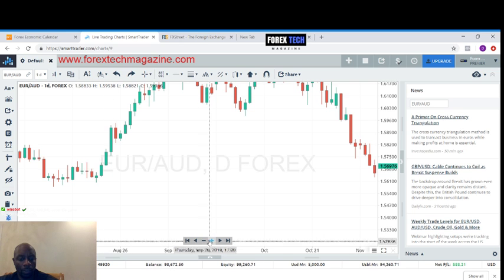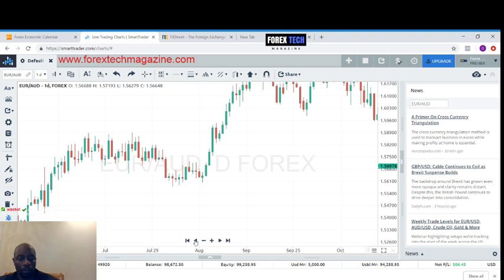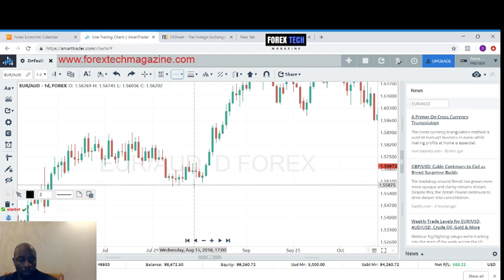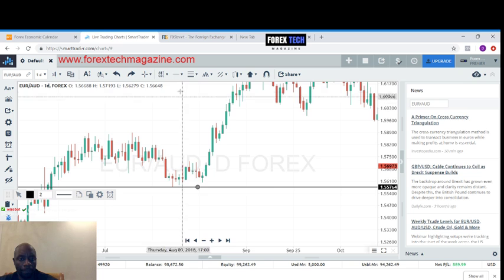All right? Because once again, let's look at our handy dandy support and resistance lines. Okay? Let's put these out here.